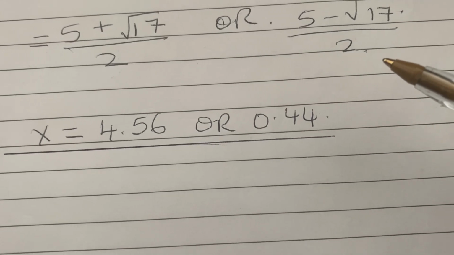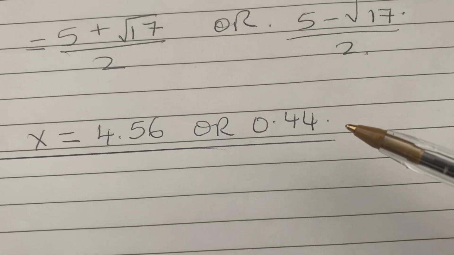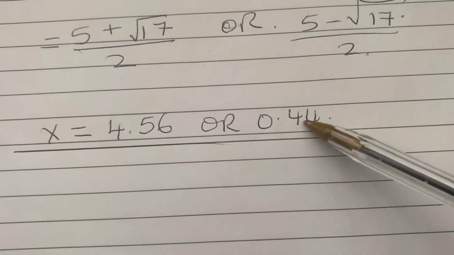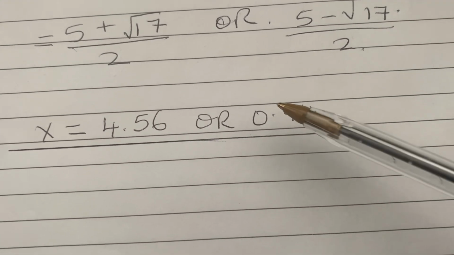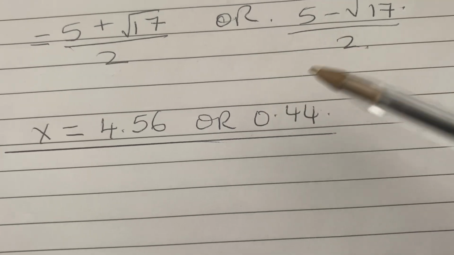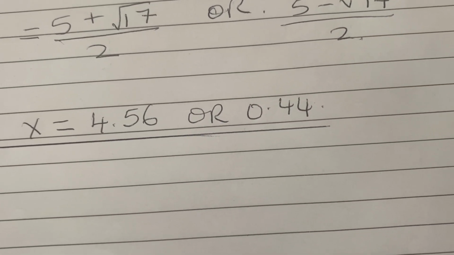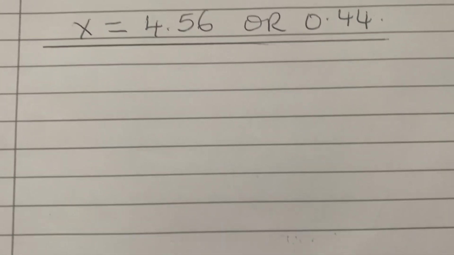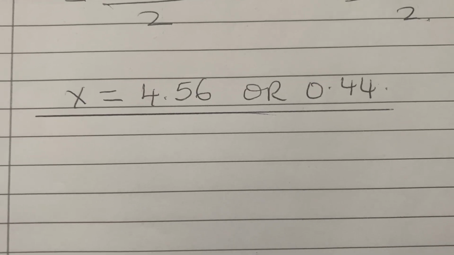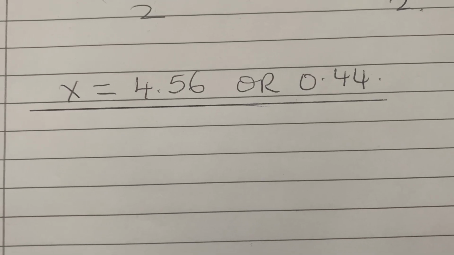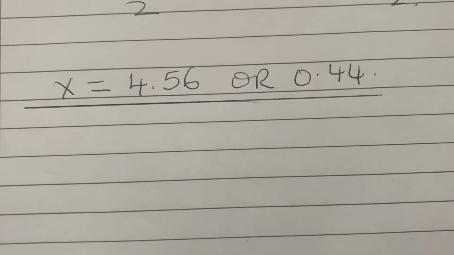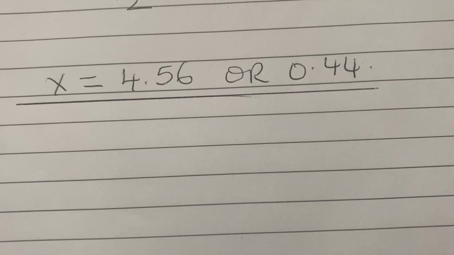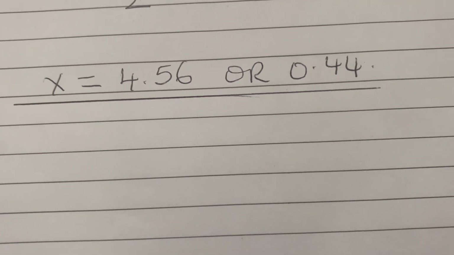Here, the question said we should solve. So this is what we got. We can leave both answers, and both of them are positive. As I've shown you in the starter, use the starter and watch it with the application 2.